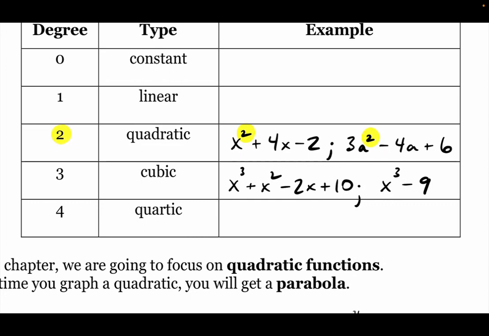I use x a lot, but you can use any letter. This guy, the biggest power is 3. That's why it's a cubic. What do you think the biggest power is going to be for a quartic? 4. So let's write something with x to the 4th power.